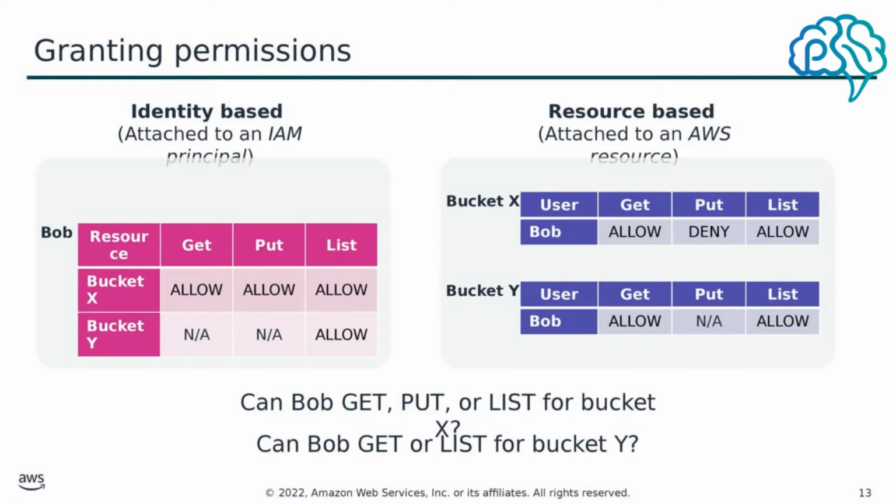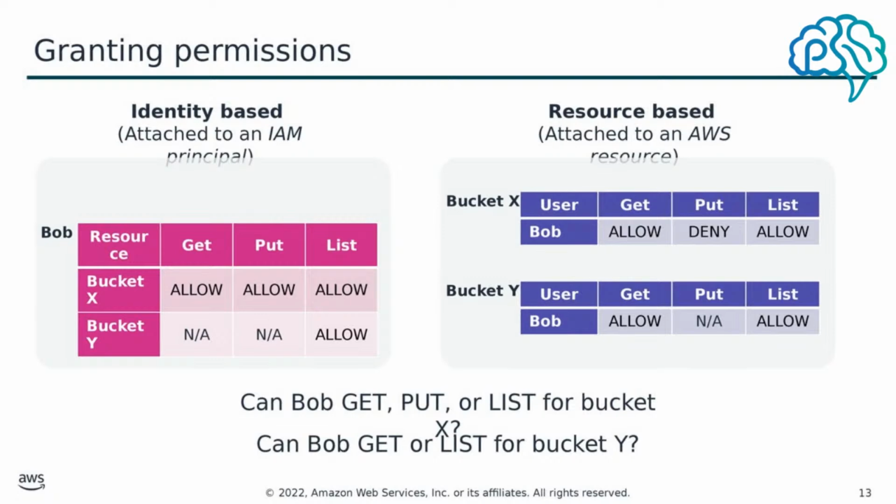The big difference is where they're applied. An identity-based permission is attached to an AWS identity and access management user, and it indicates what the user is permitted to do. But a resource-based permission is attached to a particular resource, and it indicates what a specific user or group of users is permitted to do with the resource.